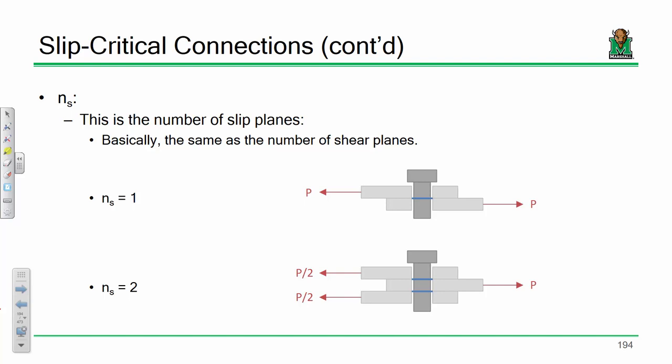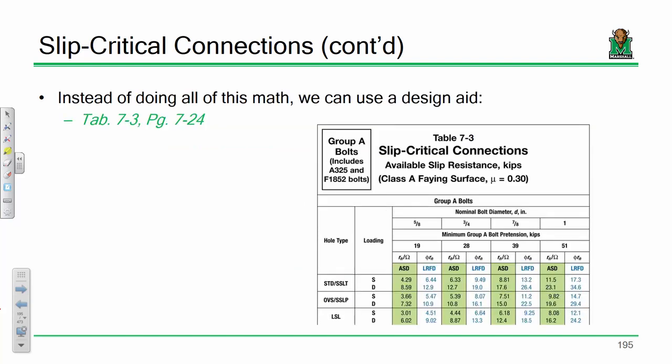I know we're running out of time, but I do want to show you something else real quick. If you go to table 7-1, that's the table with the bolt shear capacity.